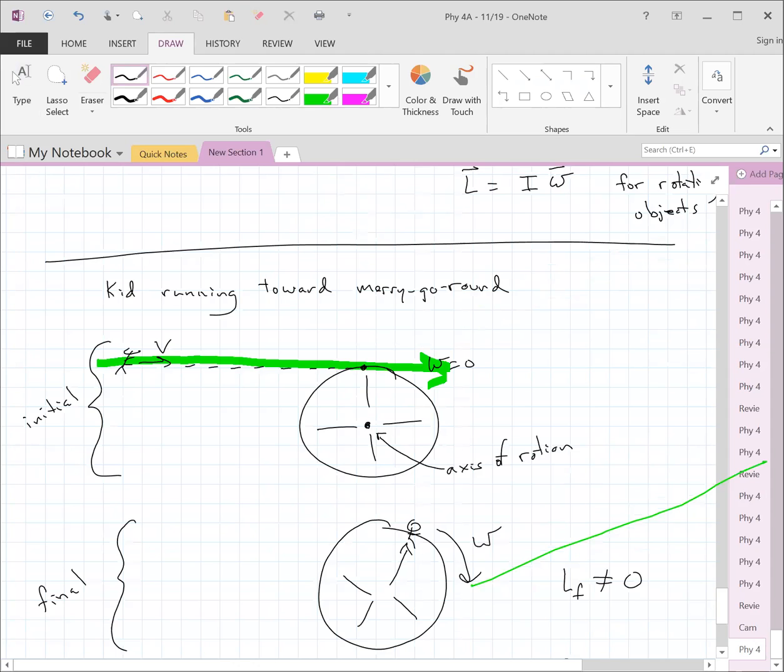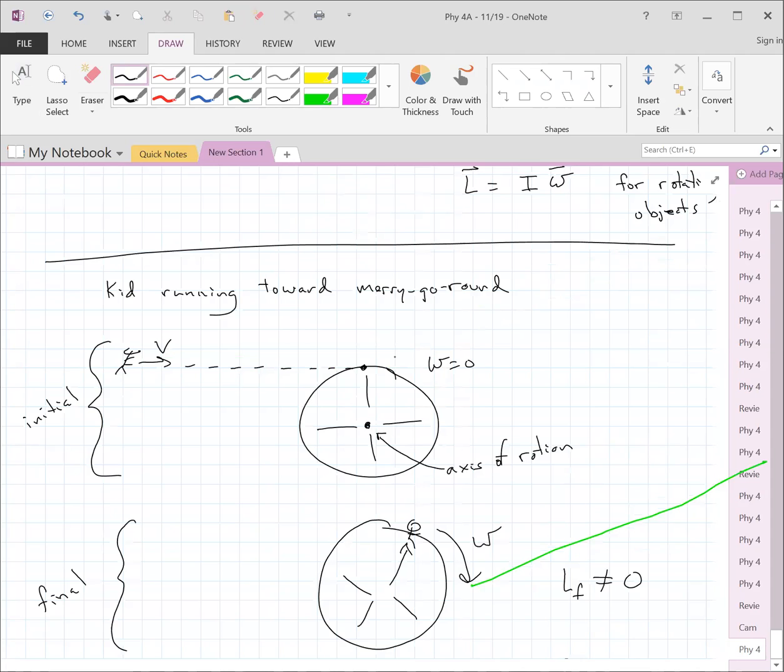And so if they can get it rotating, then they have to have angular momentum beforehand. So we'll think about that for a minute.